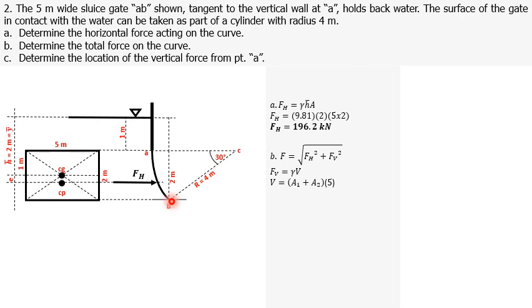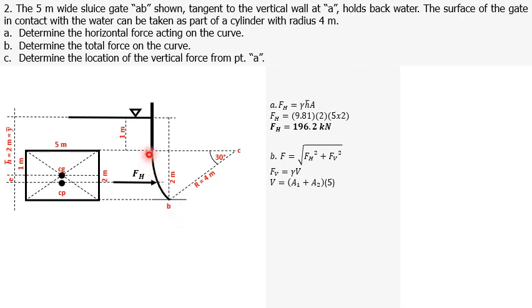Again, in this case, we have an imaginary liquid surface because the water is below the curve. You notice that in the previous problem, we don't have an imaginary liquid surface because the water is above the curve.